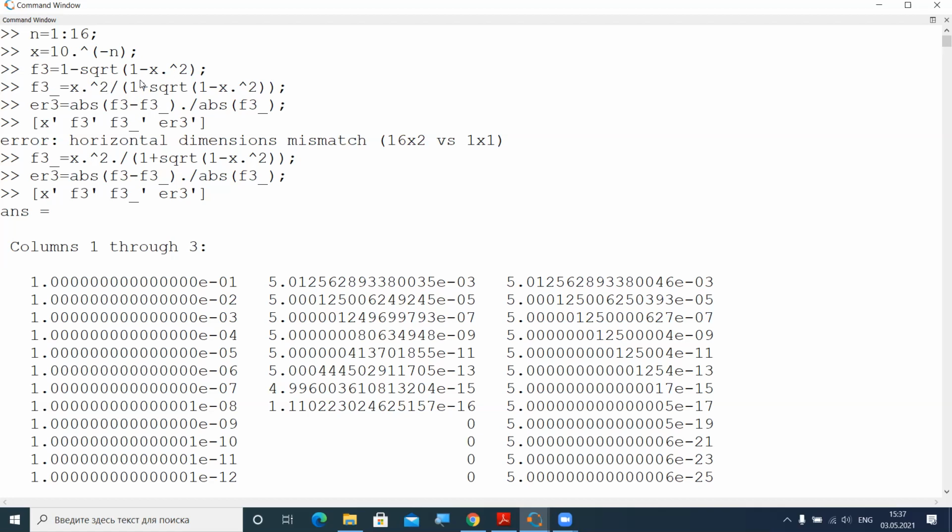It's not correct, mismatch dimensions. So it is very important to put the dot to compute as vectors.